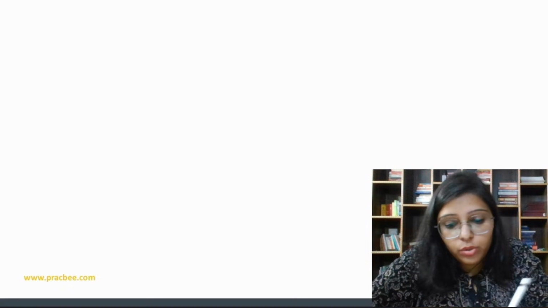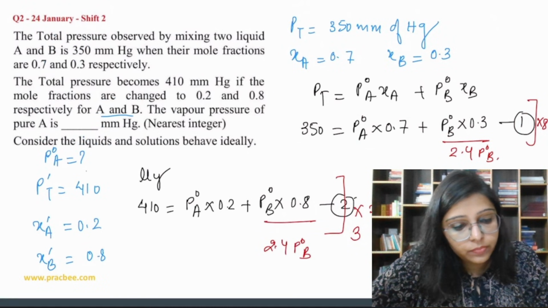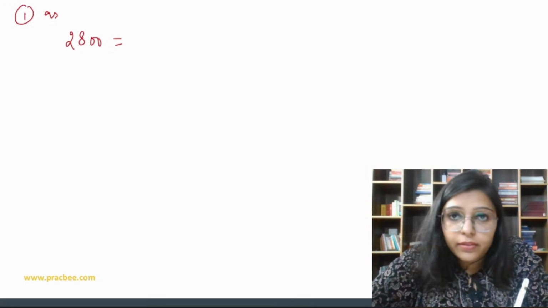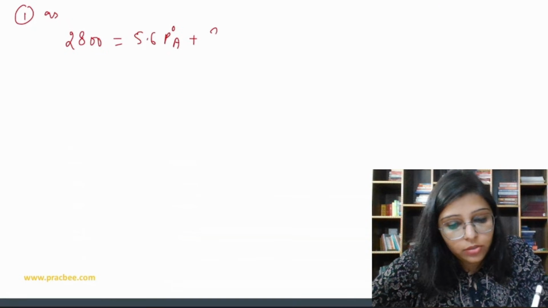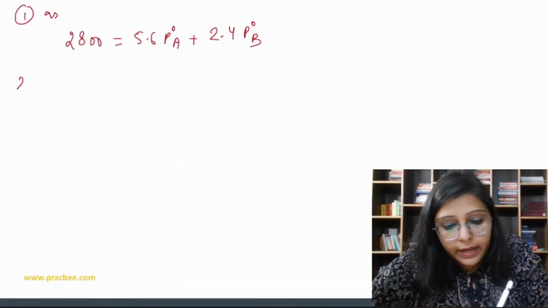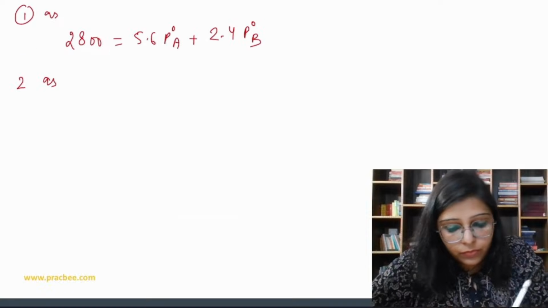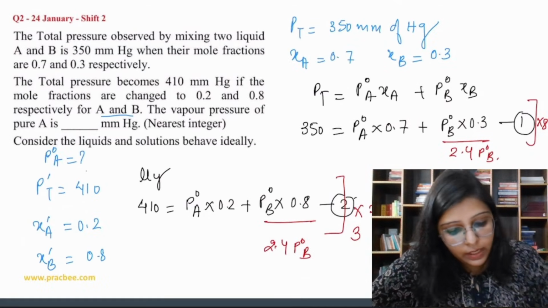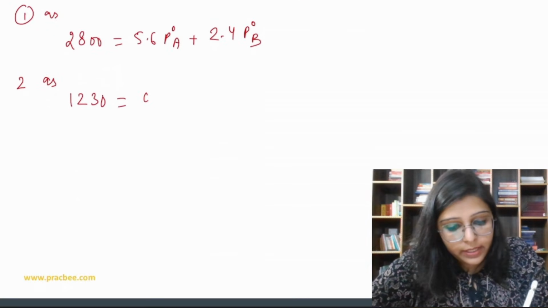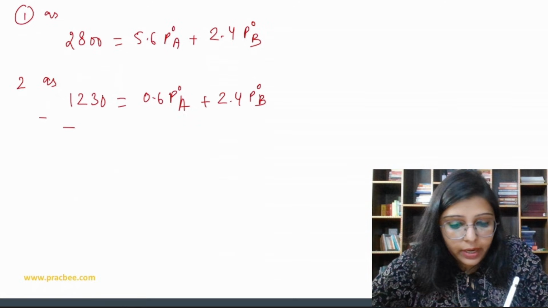Once you do so, you get the first equation as 2800 equals 5.6 P naught A plus 2.4 P naught B, and the second as 1230 equals 0.6 P naught A plus 2.4 P naught B. Now let's subtract.